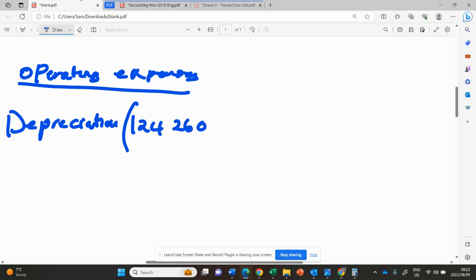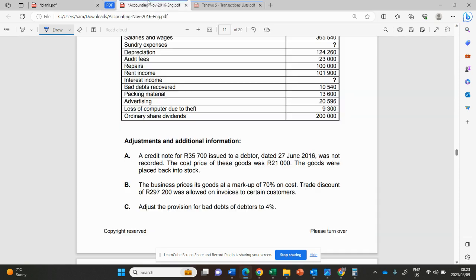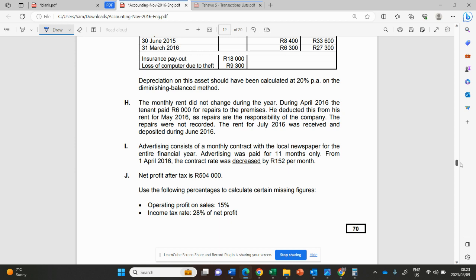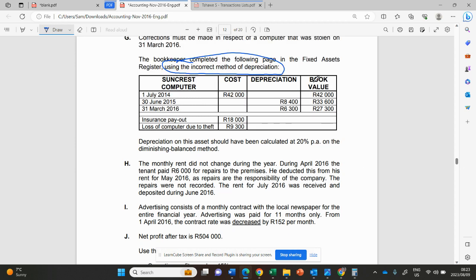Then you firstly need to subtract the incorrect figures. The incorrect figures that were calculated are here under the fixed asset register depreciation. So these depreciation amounts are wrong.